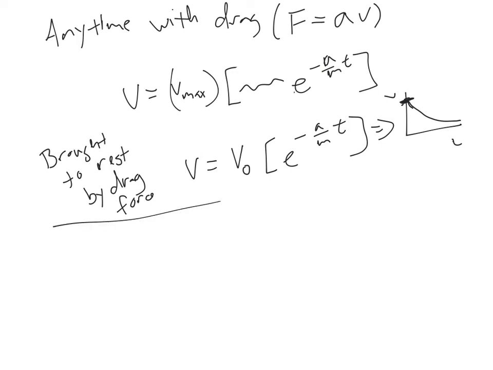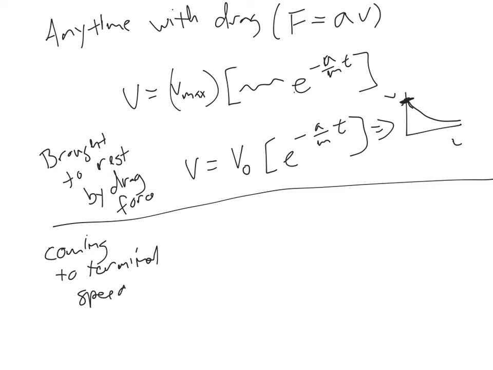For an object that is coming to terminal speed, in the first case, the drag force is bringing it to rest. In this case, the drag force is actually just making it so that it doesn't go too fast.